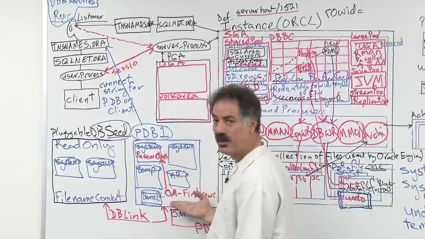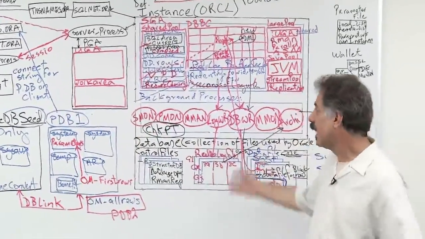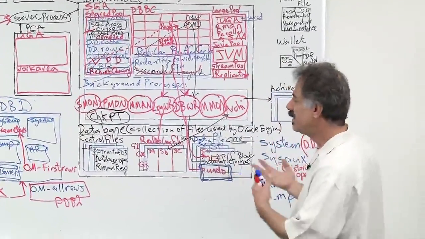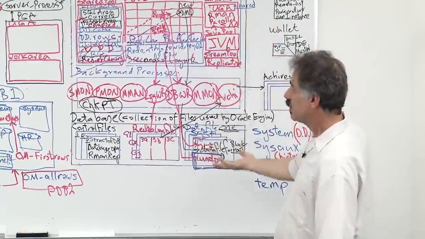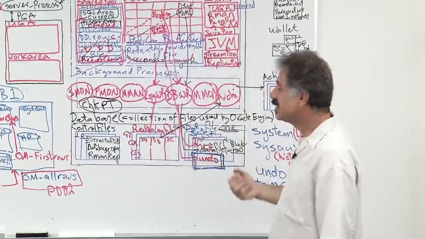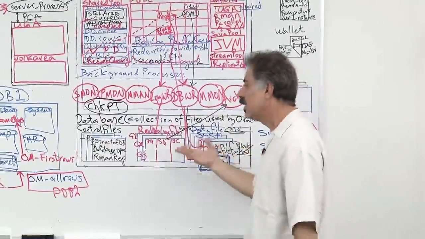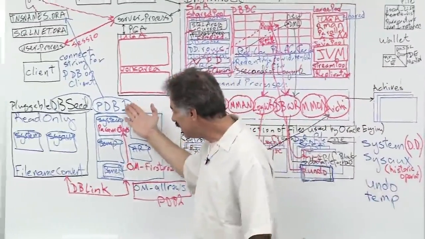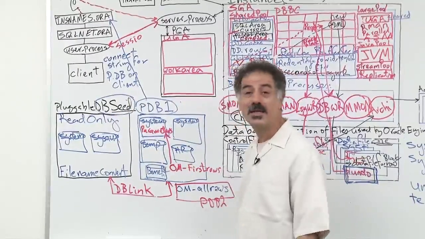PDBs have their own parameters that are stored in the parameter file, and it now provides us with the type of configuration that we were talking about, where I have a specific instance that is built and the container that is built, and then inside of it I have these independent services that are created.